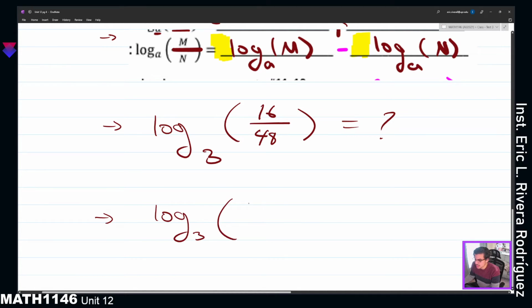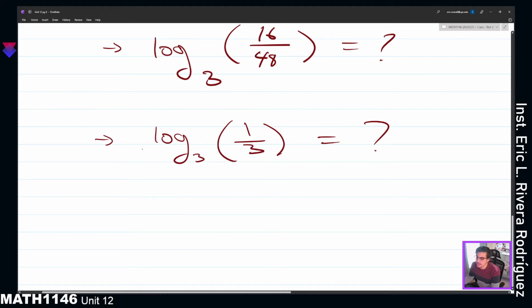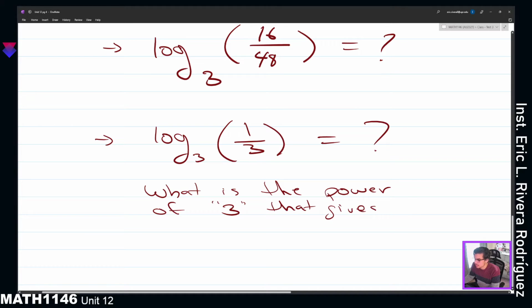We still haven't reached our goal, which is getting the exact value of the logarithmic function. You will see that 16 over 48 is just 1/3. And now we are dealing with this logarithmic function. What is the power of 3 that gives us 1/3?